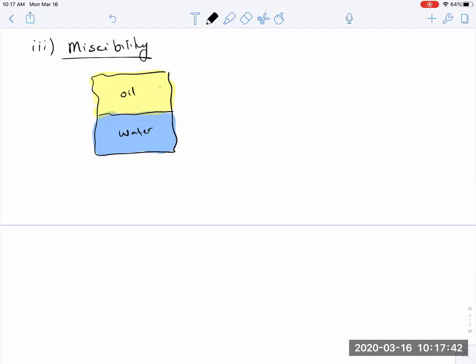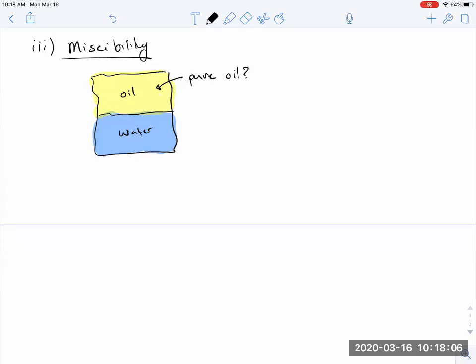Now, in that oil phase, a reasonable question we should consider is: is this pure? What I mean by that is, if I were to measure the composition in some small region of space in the oil, would I only find hydrocarbons?